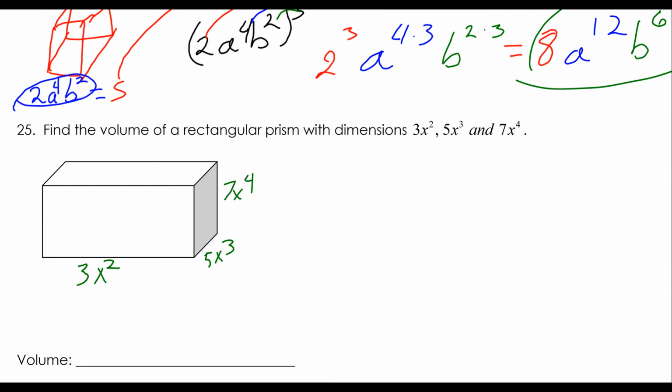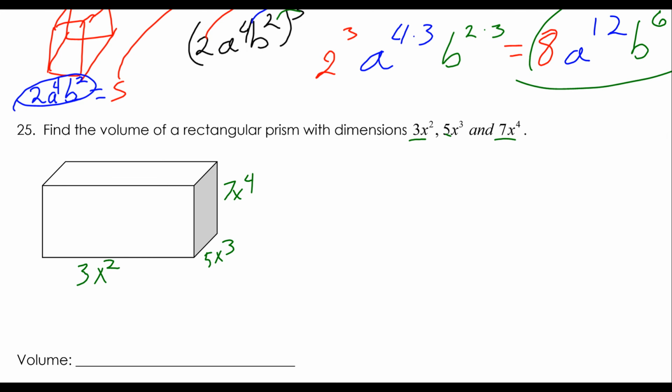Notice how they almost seem random in their location, and that's just fine. You can call that length, width, height, or whichever one you want. It can go wherever you want it to, just so long as each one gets one of the dimensions.